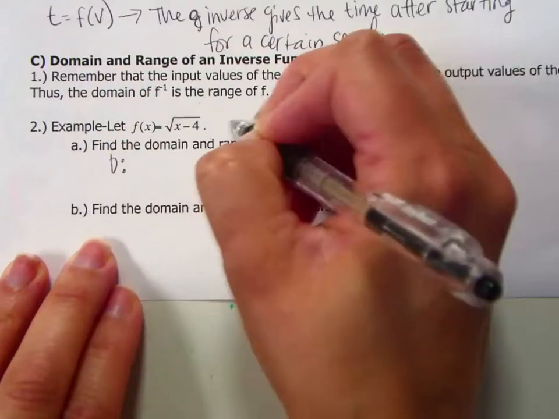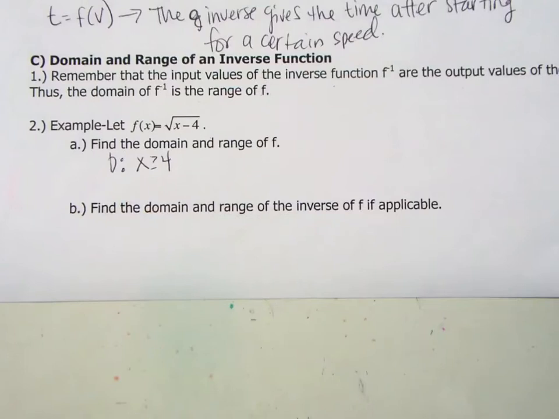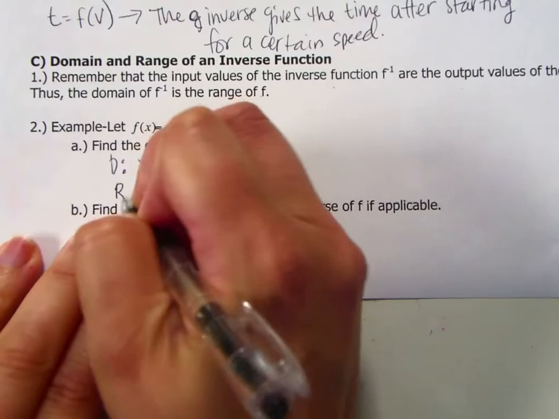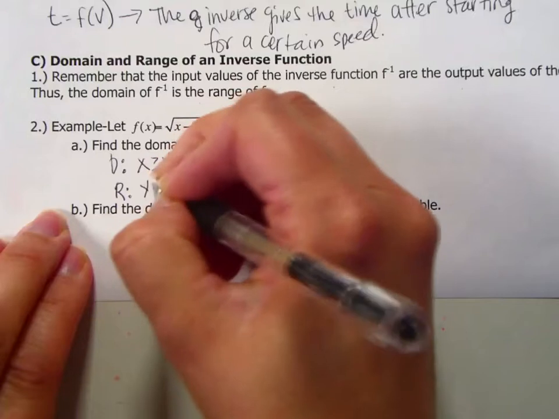It can't be negative, so I'm thinking that my domain has to be greater than or equal to 4. And what is the range of that function? Very good.